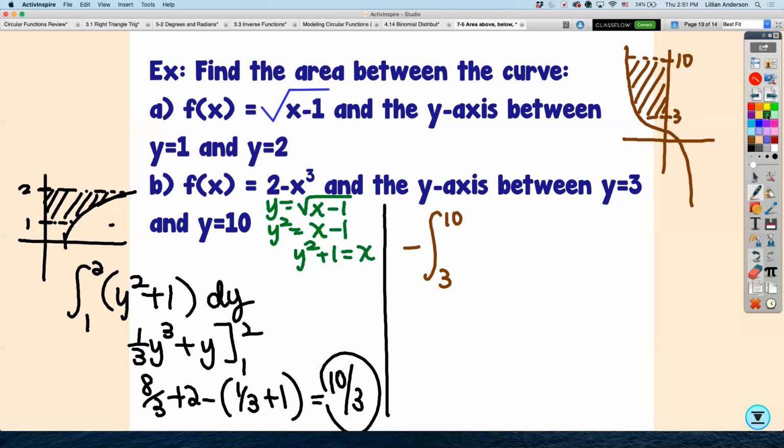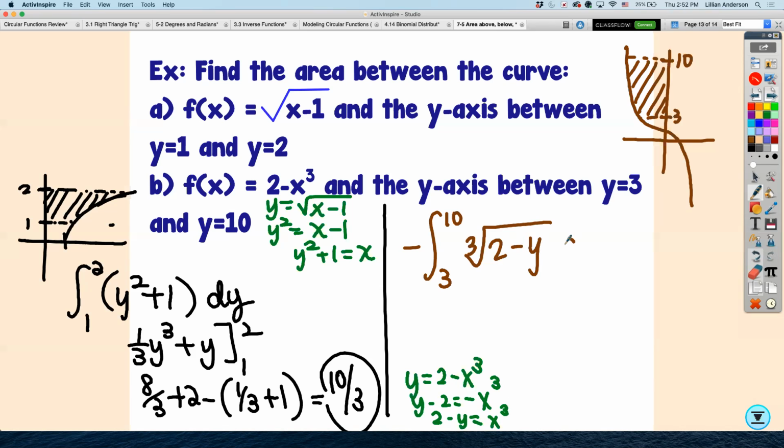So if I work this function out and solve for x, how would I do that? 2 minus y, the cube root. So it'd be 2 minus y is equal to x to the third. You get the cube root of it. So this becomes the cube root of 2 minus y dy.